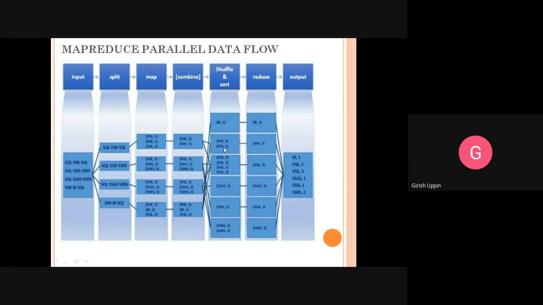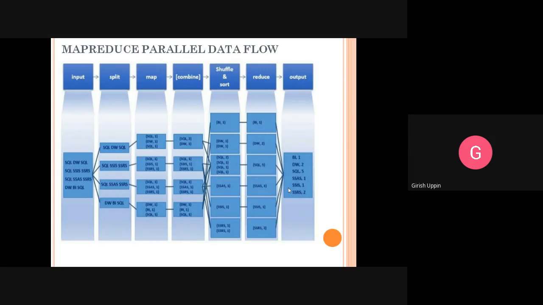Here DW comma 1 will be reduced to DW comma 2, the count is 2. SQL is 5, 2 plus 3, 5. Similarly, SSAS 1, SSIS 1, and SSRS 2. This is the output that we will get. So this is the simple mechanism of the MapReduce parallel data flow.